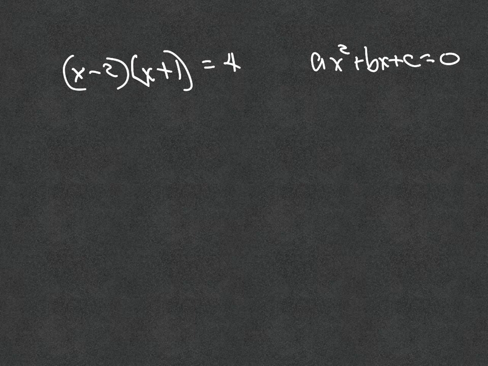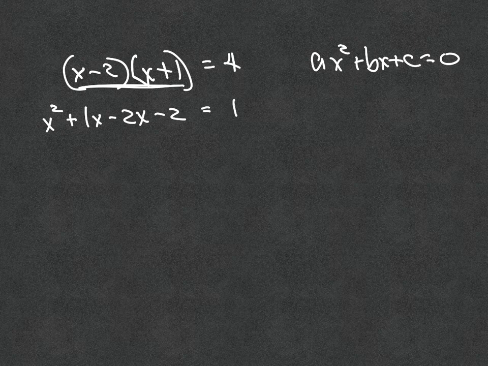Instead of being equal to 4, it has to be equal to 0. So the first thing we're going to do is we're going to FOIL this. First, outside, inside, last. Combine like terms.